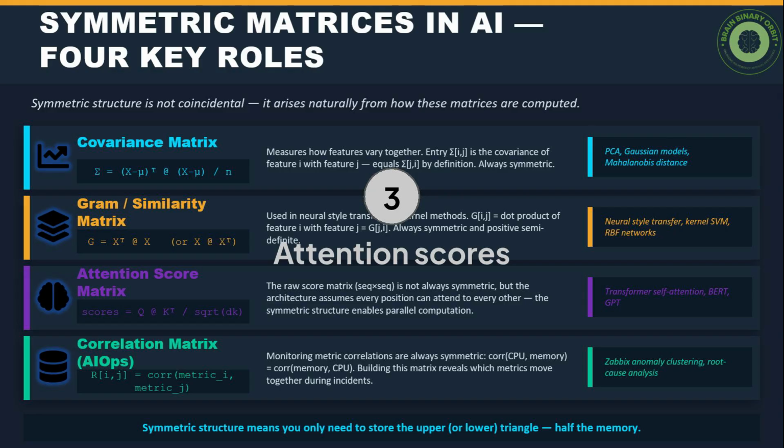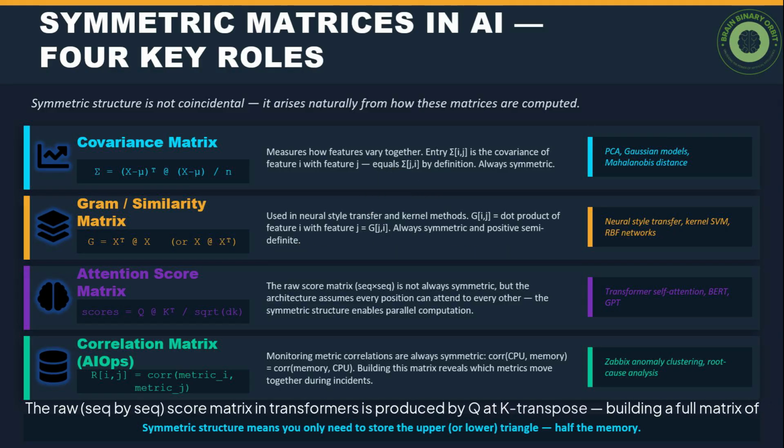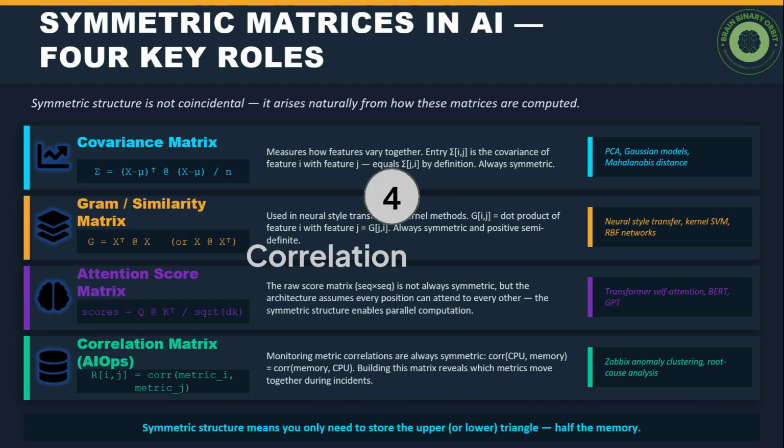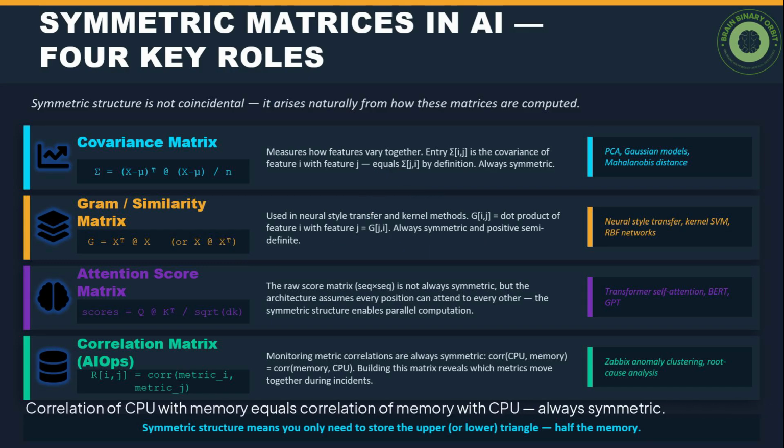Third, attention scores. The raw, sequence length by sequence length, score matrix in transformers is produced by Q @ K transpose, building a full matrix of how much every token attends to every other. Fourth, correlation matrices for monitoring metrics. Correlation of CPU with memory equals correlation of memory with CPU, always symmetric.